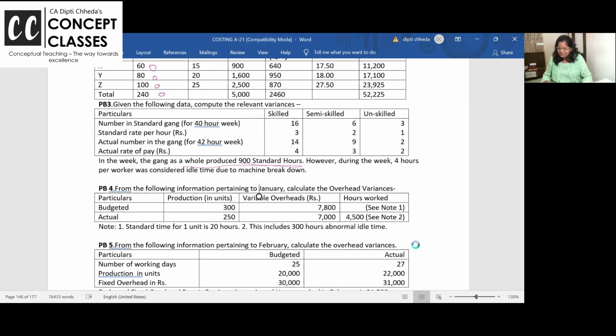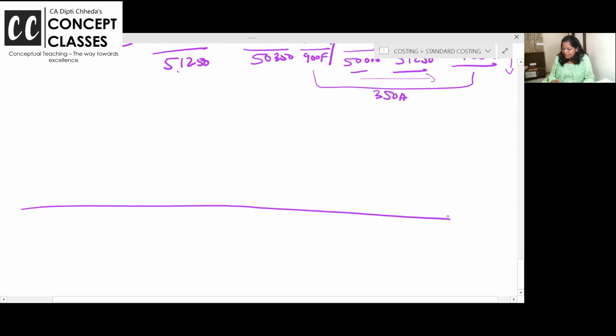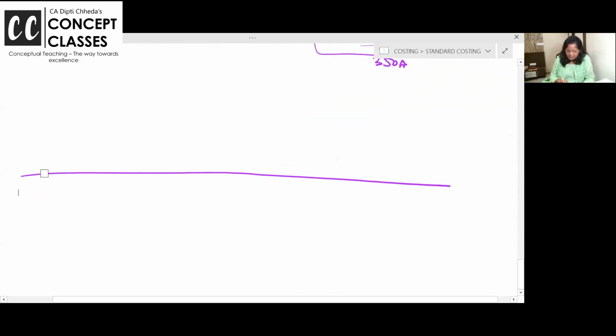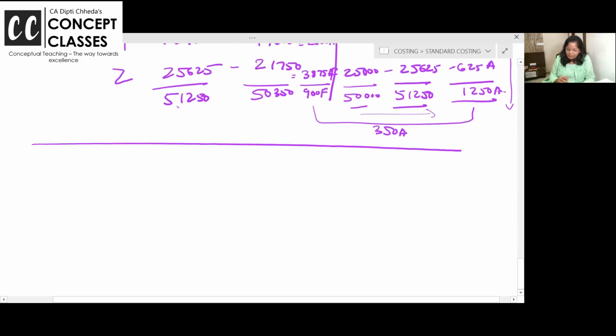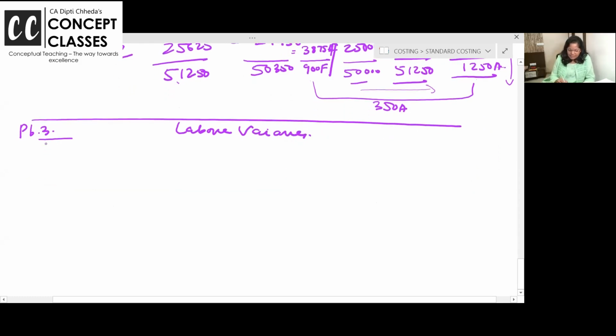Come on. How do you want to start now? Table. Let's start with the table. What problem number is going on? Problem number 3. Labor variances. Why is there a difference in the labor? So types of labor, first column.